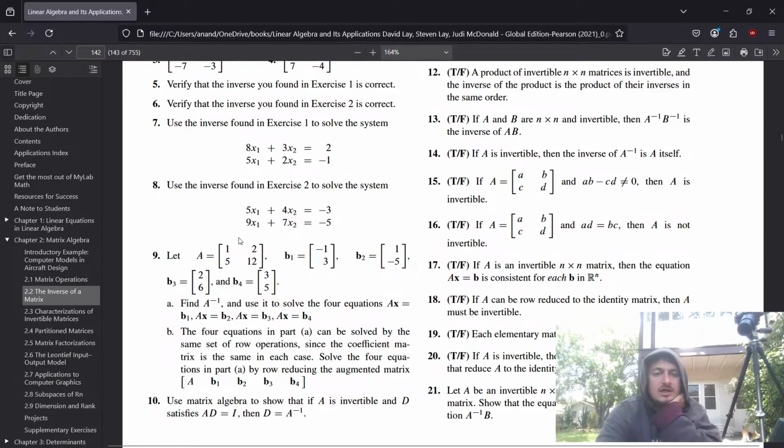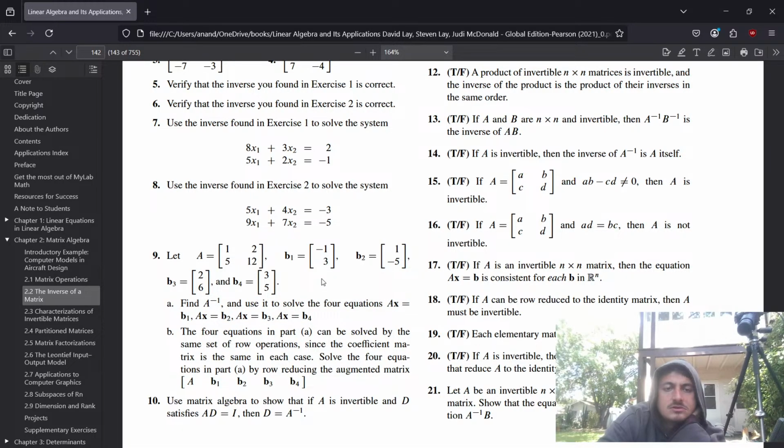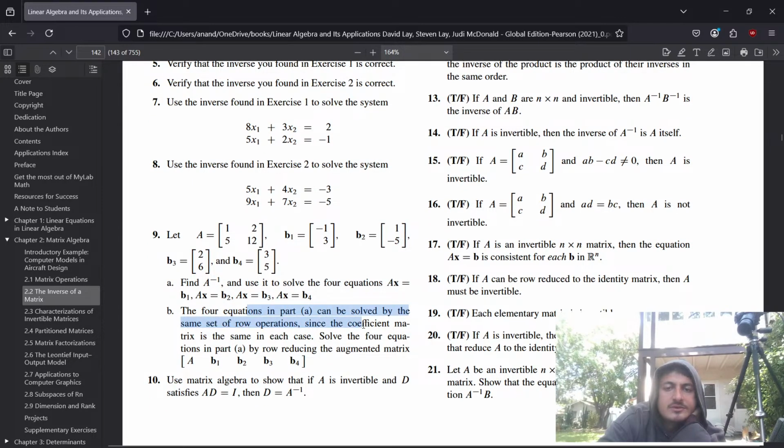Now let's look through 9. Find A inverse, use it to solve 4 equations. The 4 equations in part A can be solved by the same set of row operations, since the coefficient matrix is the same in each case.